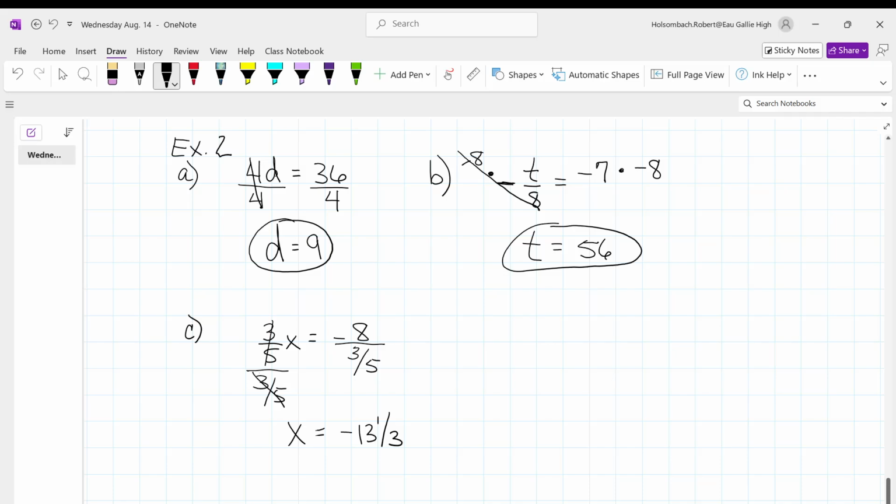Now, if you have a TI-30 XA calculator, right to the left of the number 1 button, there's a button that looks like this. I call it the fraction button. So when you take negative 8 and you divide it by 3/5, in the calculator you type 8 negative divided by, this button becomes the line in the fraction.